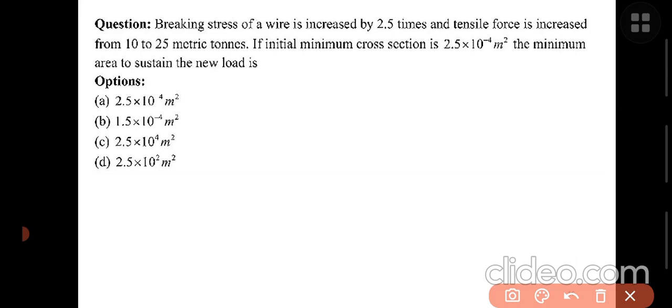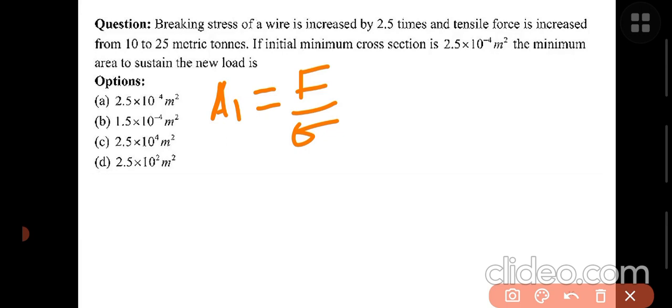There is a formula for A1, that is area, which is equal to F by sigma. Similarly A2. So we find the ratio between A1 by A2.